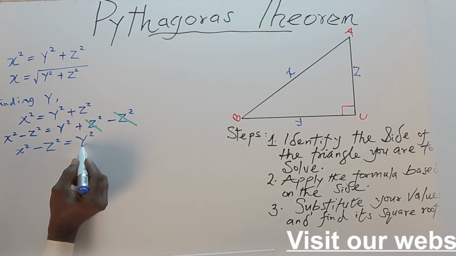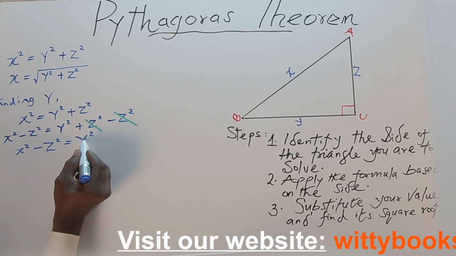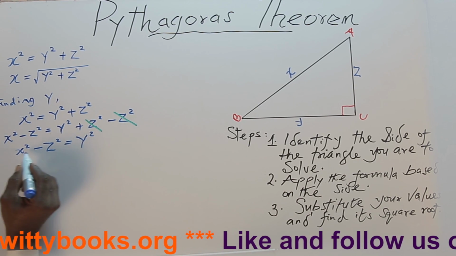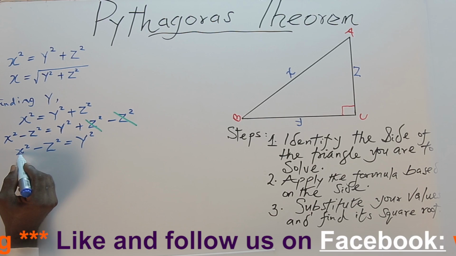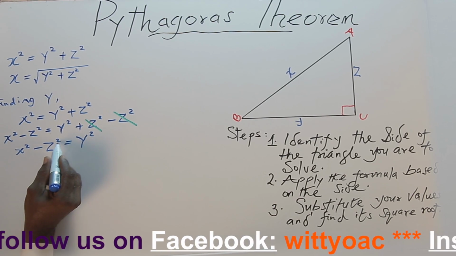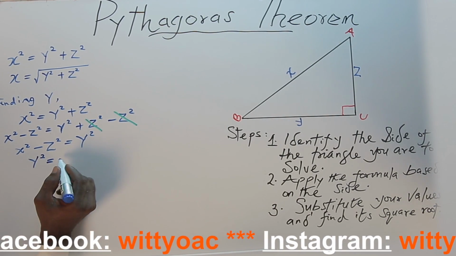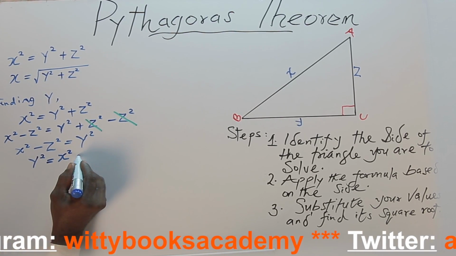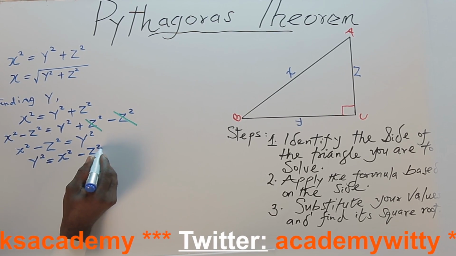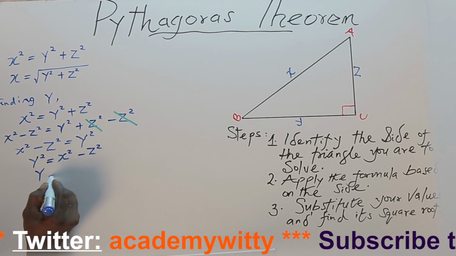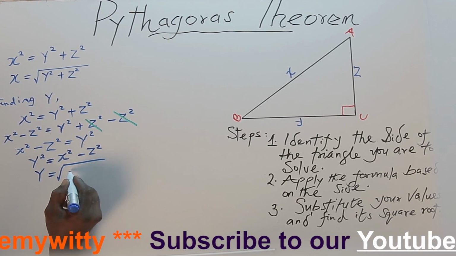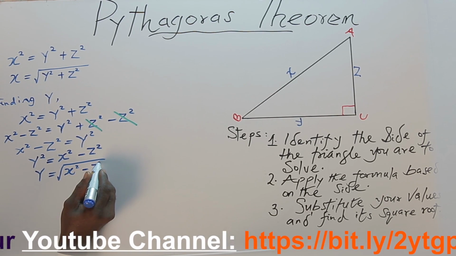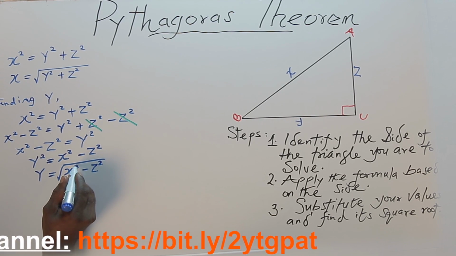Now we take the square root to give us Y squared equals X squared minus Z squared. Now we have our Y as the square root of X squared minus Z squared.